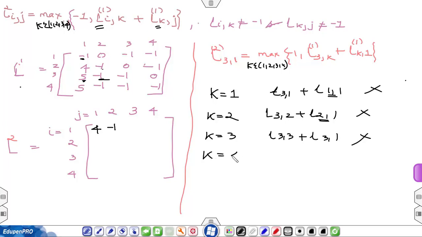And for k equal to 4, it is L of 3 comma 4 plus L of 4 comma 1. L of 3 comma 4 is 0, positive, and L of 4 comma 1 is 5. So the result is 5. So these three are invalid. For k equal to 4, the result is 5. So obviously this is the maximum and 5 is the value.